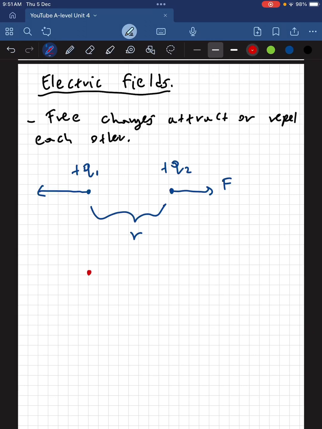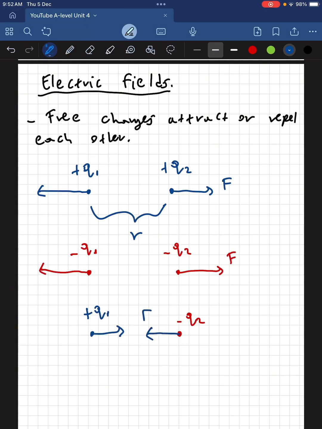The same is the case when we have two negative charges, minus Q1, minus Q2. They repel each other by the same amount. But if we have, say, a negative charge minus Q2 and a positive charge plus Q1, then they attract each other by the same force F.